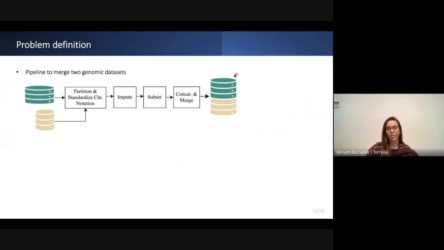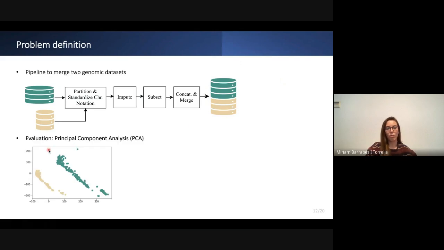And here we have the merged dataset with all the samples from the green dataset and all the samples from the yellow dataset. So now we evaluate this merged dataset, and to do that, we perform a principal component analysis, and we plot the first two components.